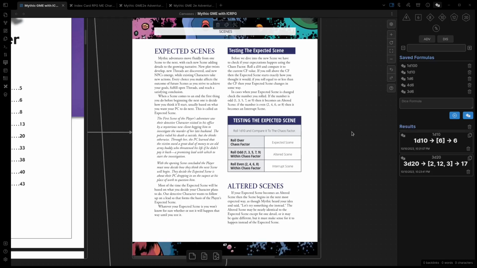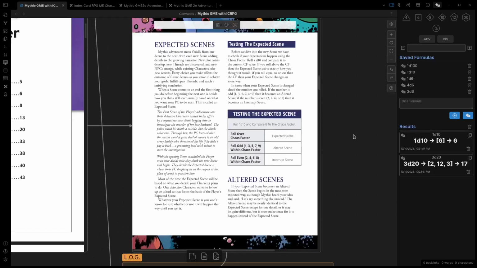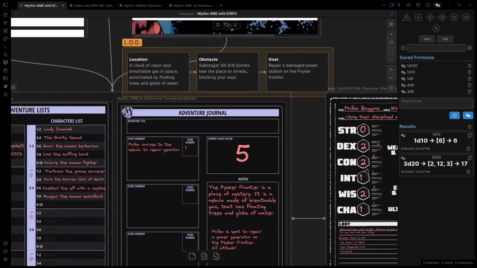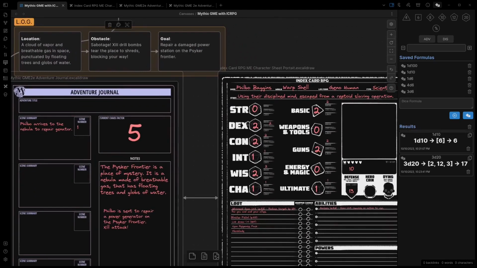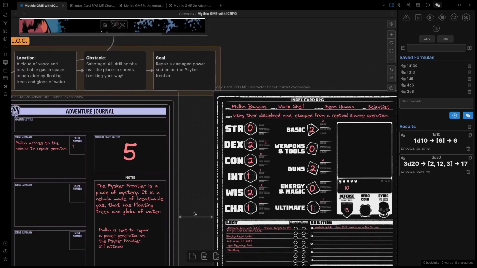I would think that I'd have to do some piloting checks to make sure that I can dodge the Zill bombs and stuff. So if I'm going to be dodging the Zill bombs, normally I think that would require a dex check for flight. So I'd roll a d20. We need to set a scene target. Let's set a scene target.